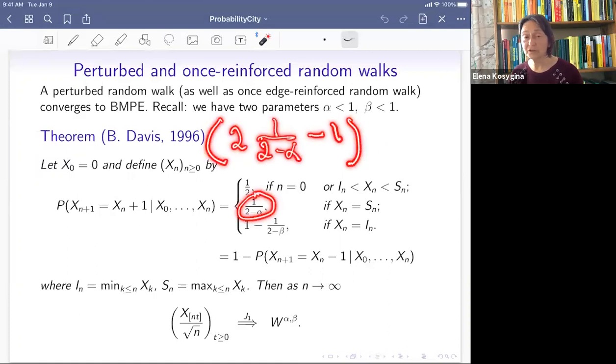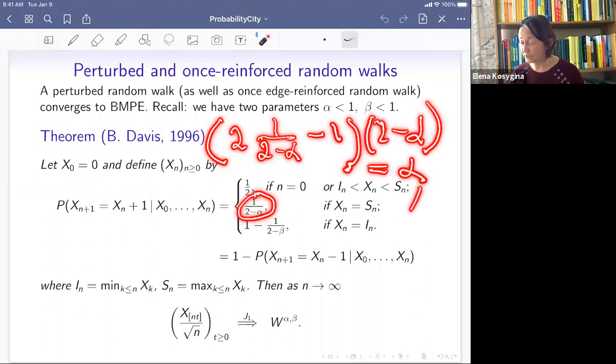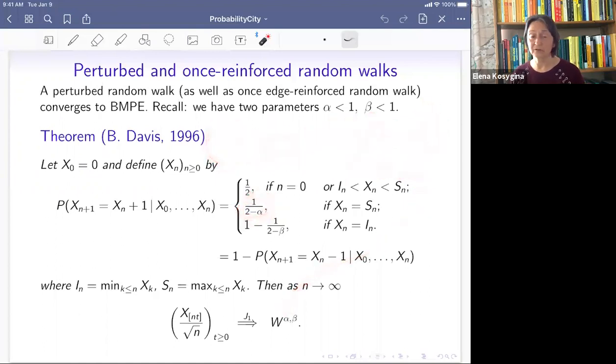And then it takes you a geometric number of attempts. A geometric distribution with parameter 1 over 2 minus alpha has mean 2 minus alpha, the reciprocal. And when you calculate that, you'll get alpha. That's basically how the parameter alpha arises in Brownian motion perturbed at extrema. So this walk converges to Brownian motion perturbed at extrema in the standard Skorokhod topology.